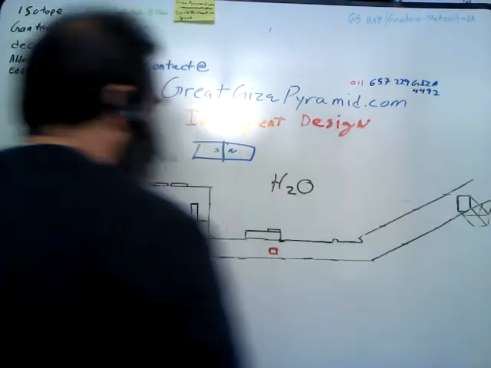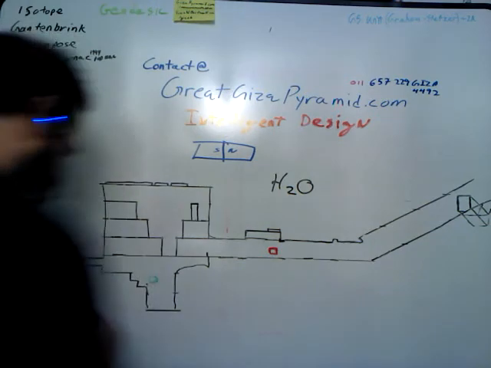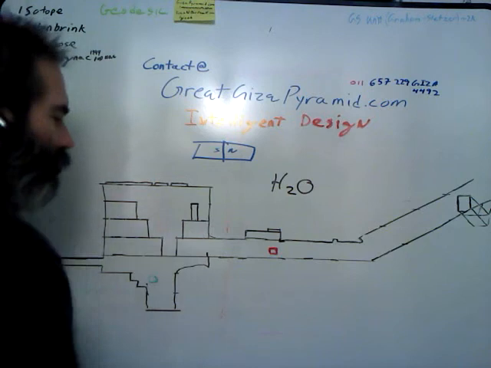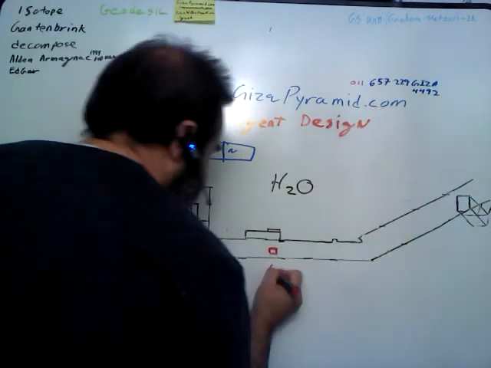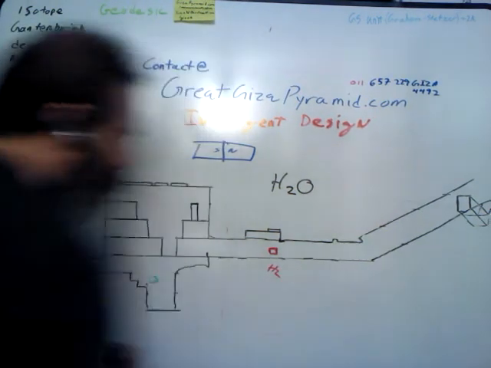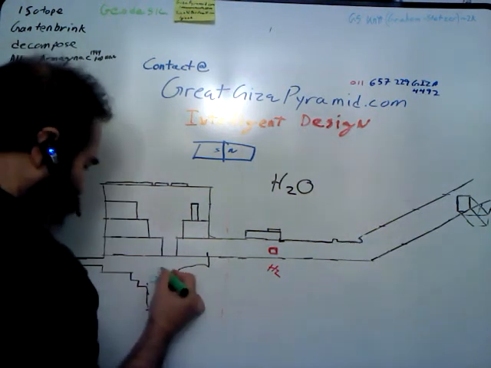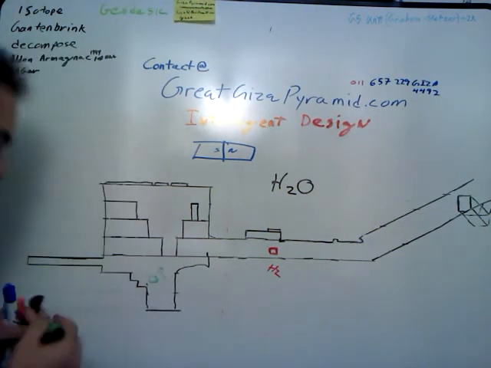H2O. So what happens in this particular equation is that hydrogen, or hydrogen gas, H2, will start popping off of there, and oxygen, or O2 gas, will start popping off of here.